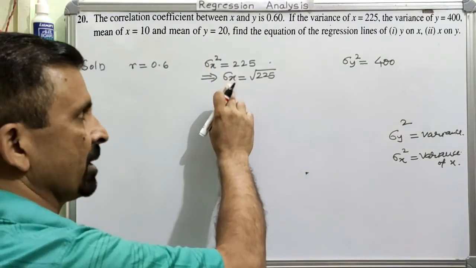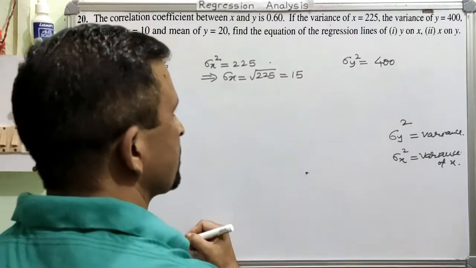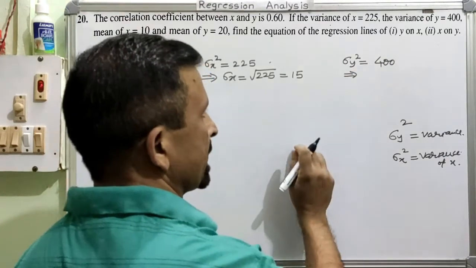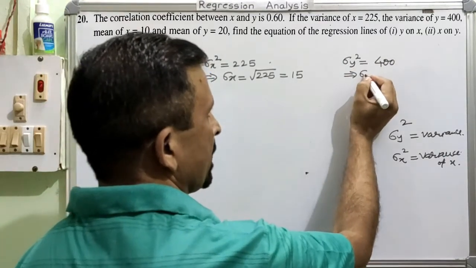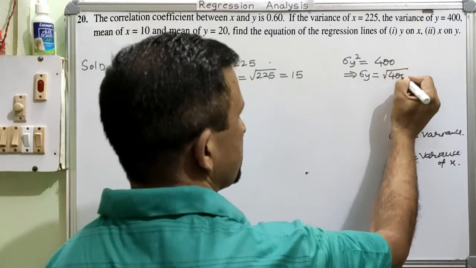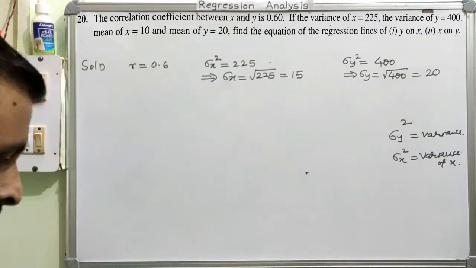The square root of this is 15. Likewise, we can calculate the standard deviation of y: sigma y is equal to root over 400, which is 20. So we got the standard deviations.